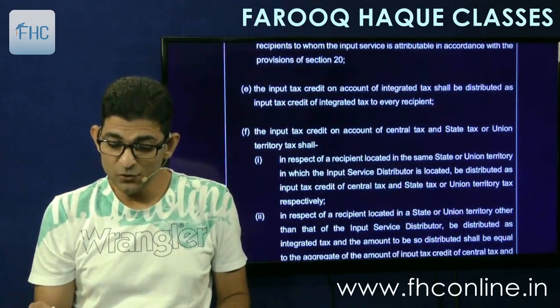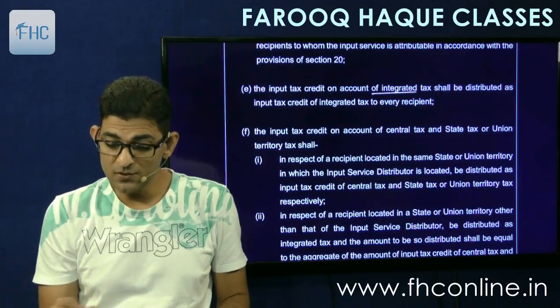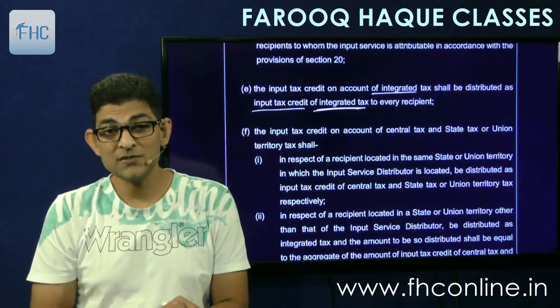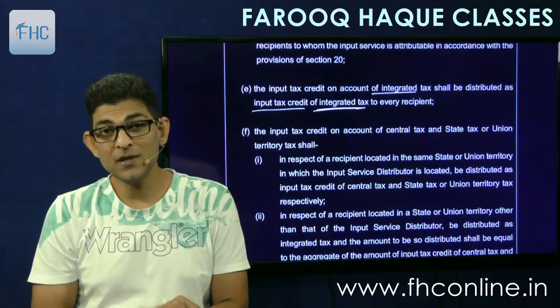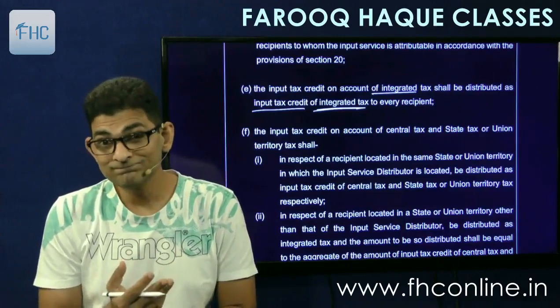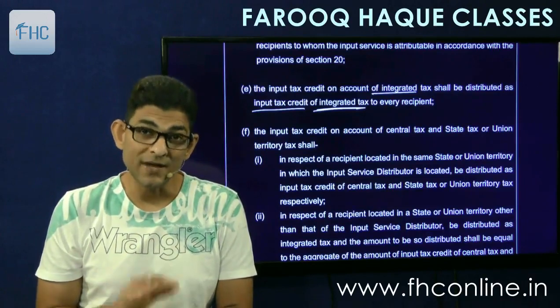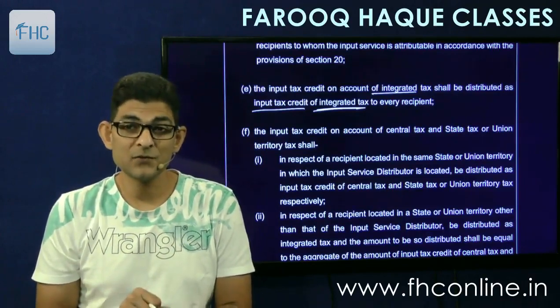Then the input tax credit on account of integrated tax shall be distributed as input tax credit of integrated tax to every recipient. Now see, here is the conflict. The section says that integrated tax can be distributed as integrated or central, but the rule says that IT should be distributed as IT only. Understood?